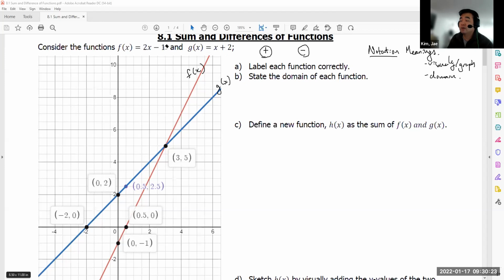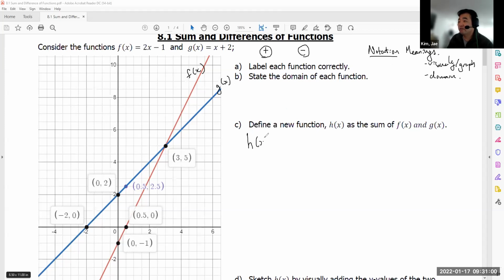Now, what does it mean when I am adding the two graphs? Well, f of x is another way of saying what is the y value when x equals something. So it's like saying, give me the y value of the f function and the y value of the g function. That is the sum of f and g. So that's what the new function is.